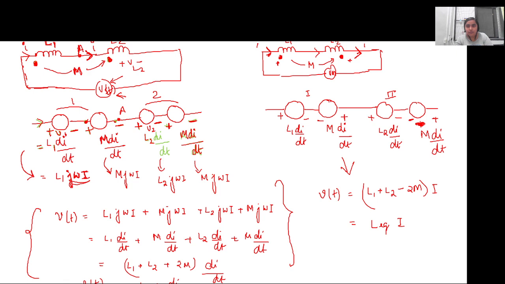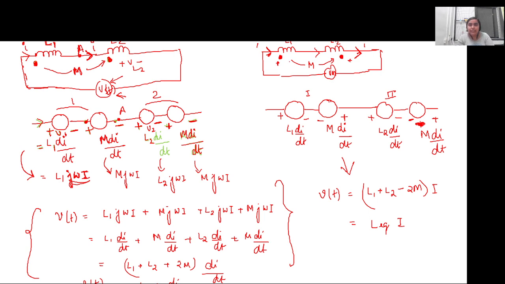That is confusing actually. While writing for the first inductor, you told that current is leaving from the dot, so I have used minus plus. But here in the diagram, the mutual inductance has been written like the current is actually entering, ma'am. So whether it is plus or minus plus is confusing.